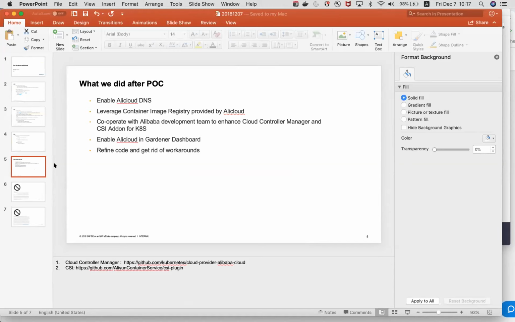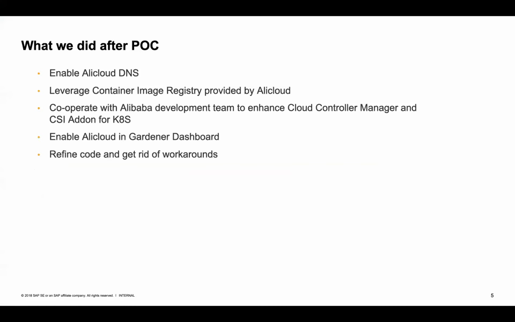There are some workarounds from when we finished our POC. For example, we didn't use the Alibaba Cloud DNS solutions. So if we need to merge our code into the master branch, we need to enable Alicloud DNS.